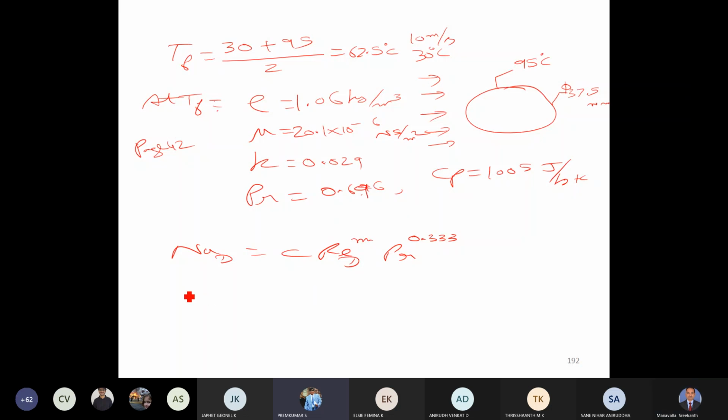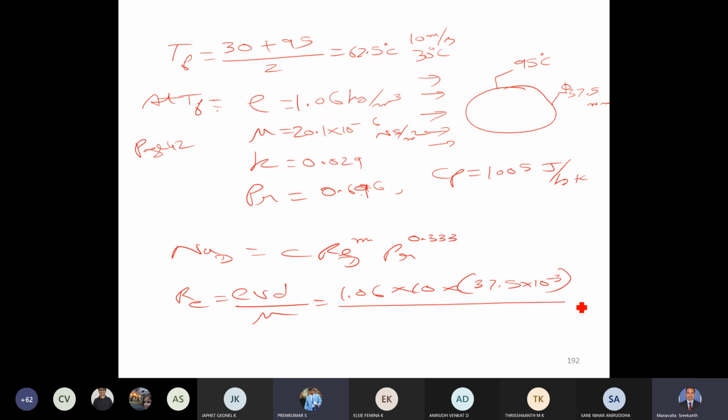Okay, so Reynolds number is rho v d divided by mu. So rho is 1.06, multiplied by the velocity 10, multiplied by the diameter 37.5 millimeters, so 37.5 multiplied by 10 power minus 3 meters, divided by dynamic viscosity 20.1 multiplied by 10 power minus 6. Tell me how much this is.